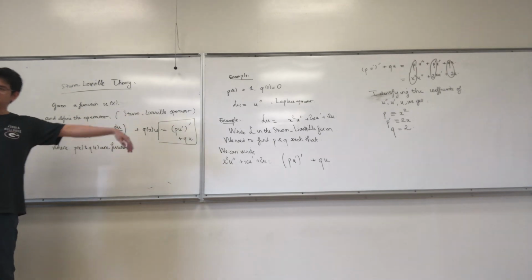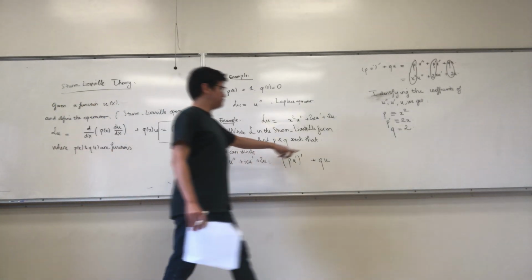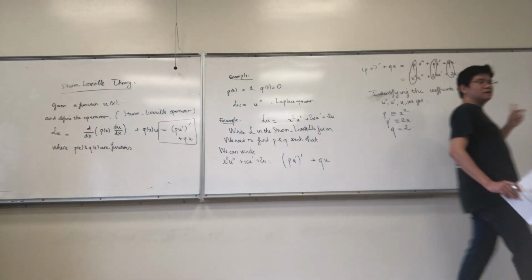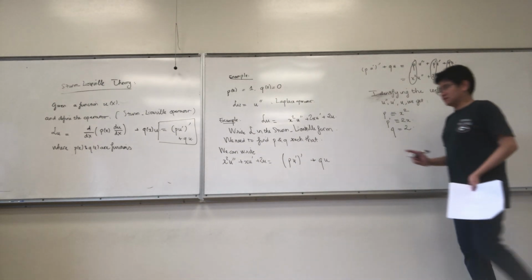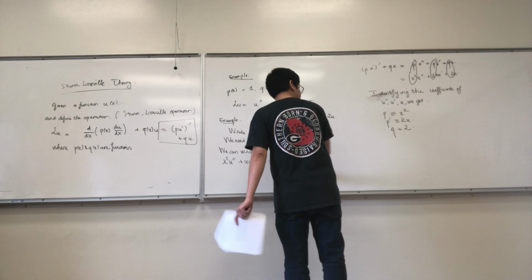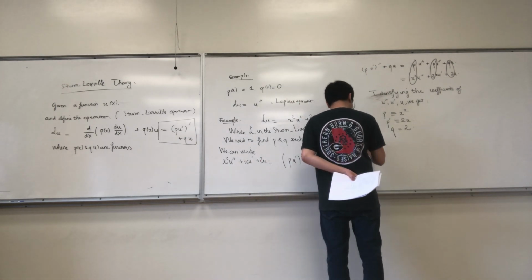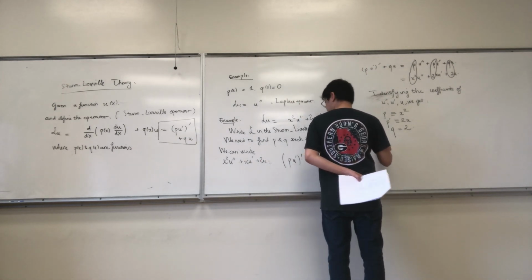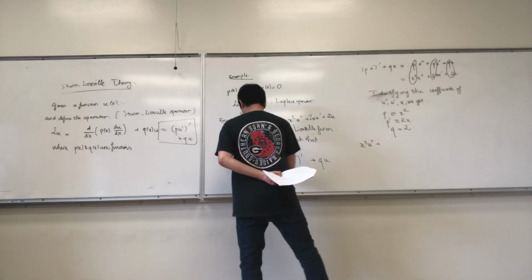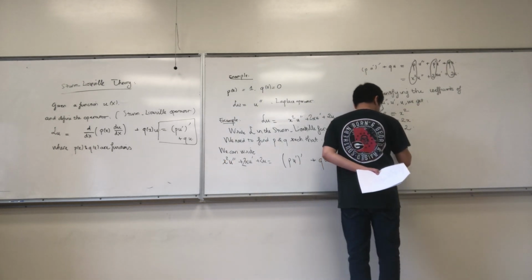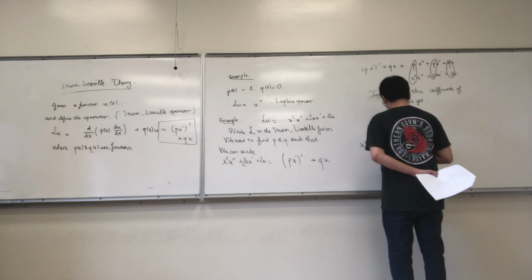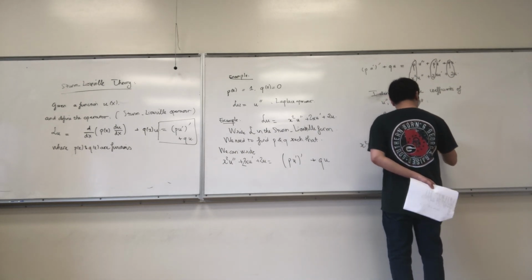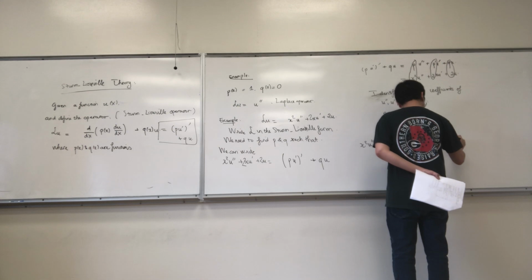You just identify, and you found that P is x squared, P' is 2x, and Q is just 2. So now you replace everything here. You're going to have x squared u'' plus 2x u' plus 2u, and this is equal to x squared u' plus 2u.